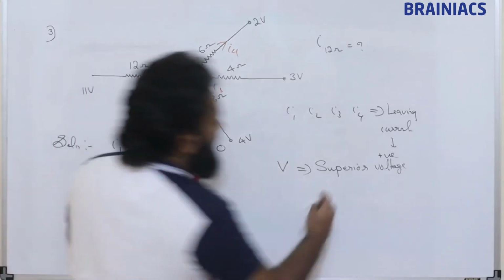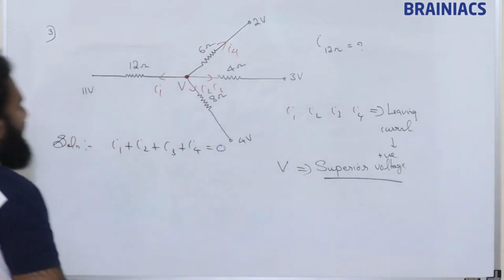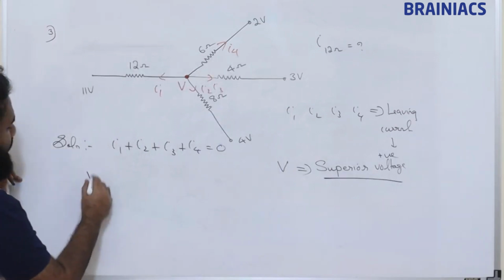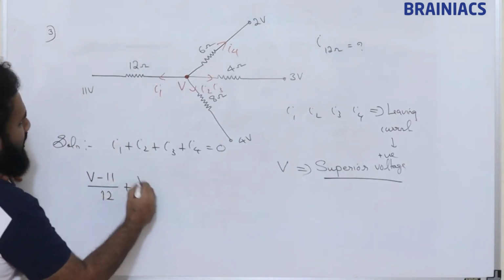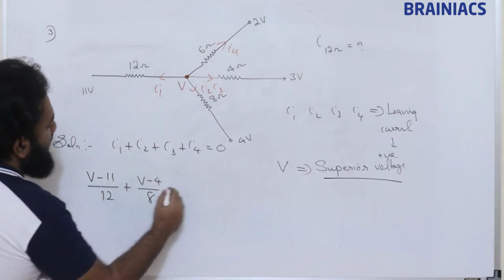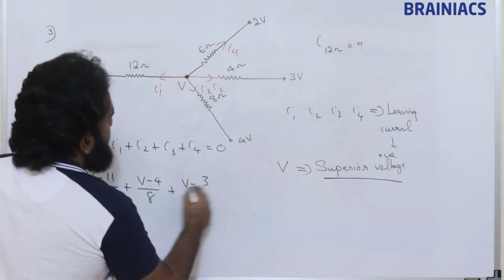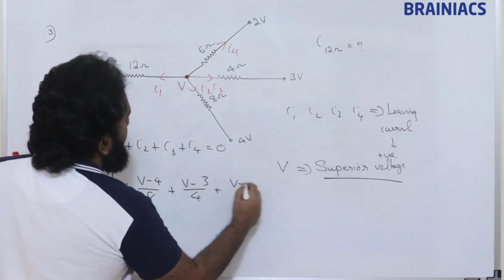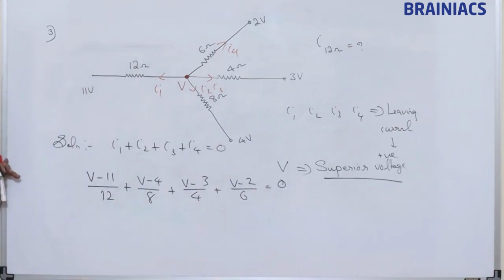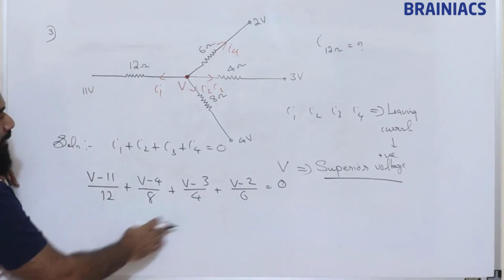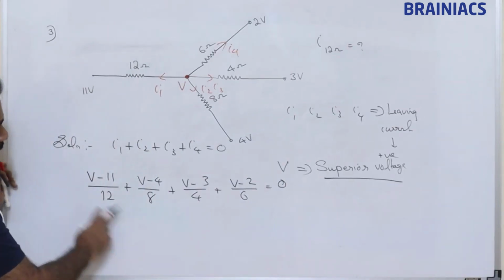Clear? Now (V minus 11) by 12 plus (V minus 4) by 8 plus (V minus 3) by 4 plus (V minus 2) by 6 is equal to 0. Clear?